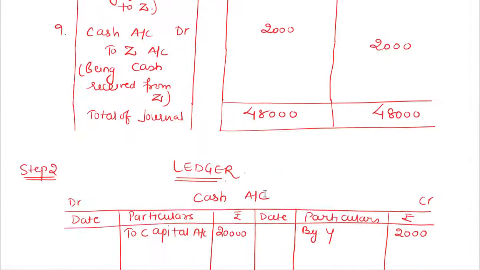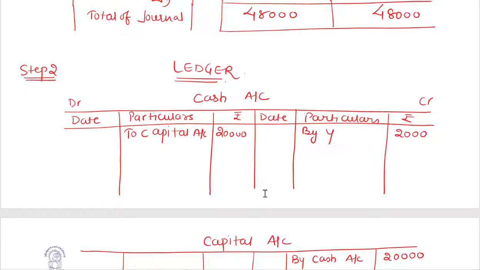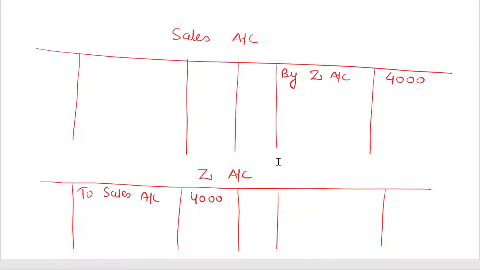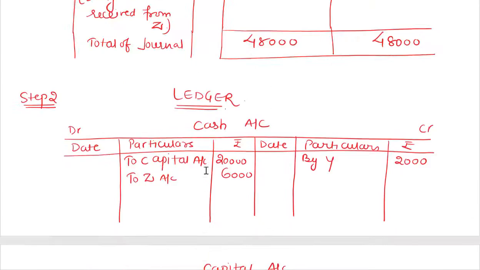Cash and Z. So in cash I am writing to Z account, and the amount is 6,000, and in Z I will be writing by cash 6,000. I hope it is clear.